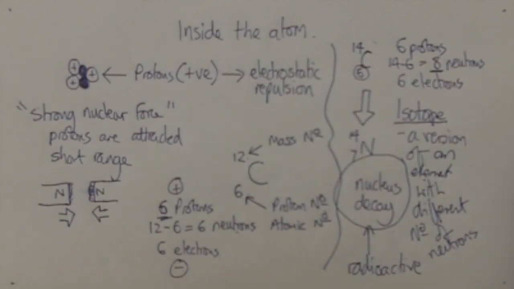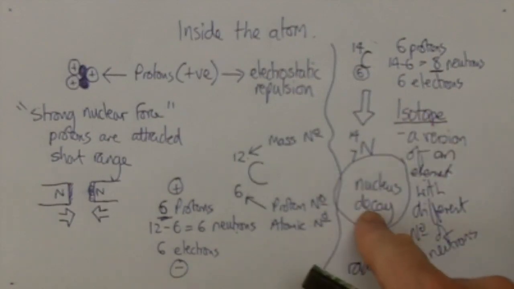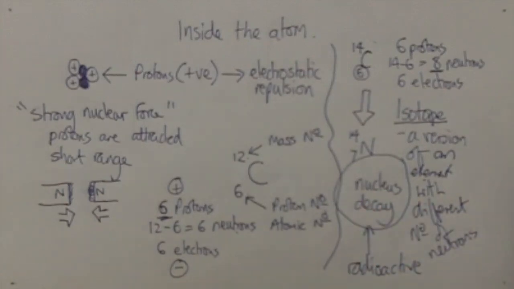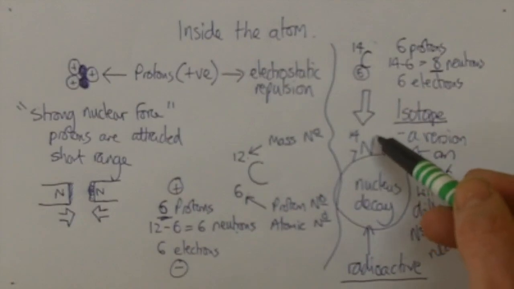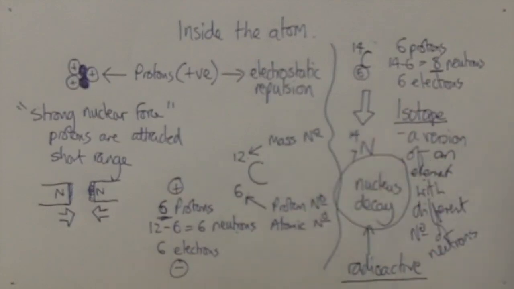Some are more common than others. Some of these isotopes tend to decay because the nucleus is unstable, and when the nucleus decays we say that isotope is radioactive, and if it's radioactive it means that it will change into something else and it will actually give away some of the particles from its nucleus, and that's called radioactive decay.